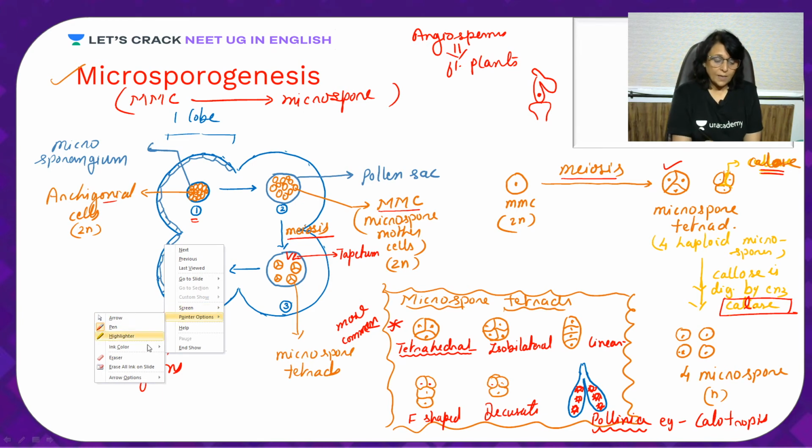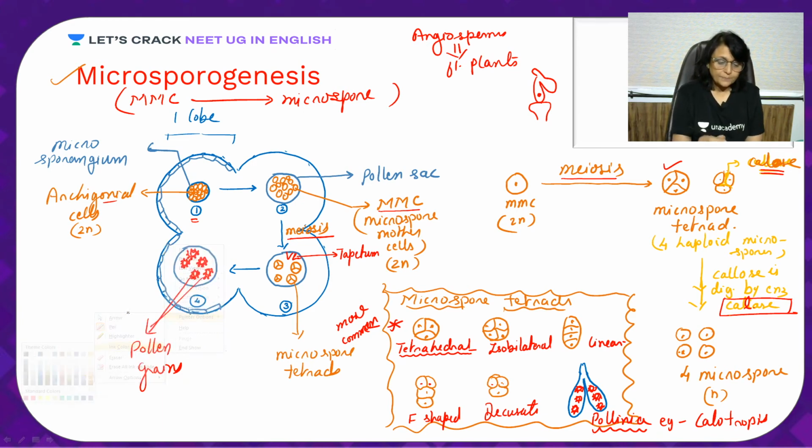Below the epithelium are present some layers, and 2-3 layers of cells. This is called the endothecium. And the other name of this was fibrous layer.